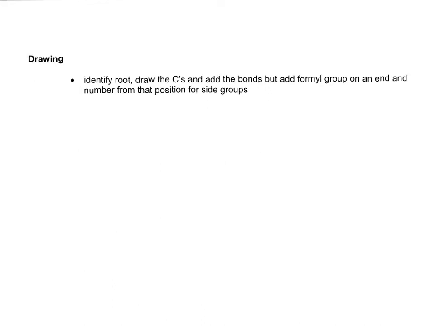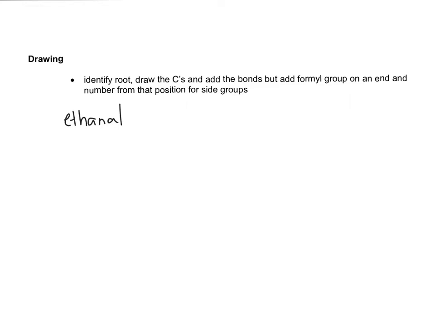Drawing aldehydes. Identify the root, identify the longest carbon chain, draw out your carbons, add the bonds, but add the formyl group on your end carbon, and then number from that position for your side groups. So let's say you've got ethanal.